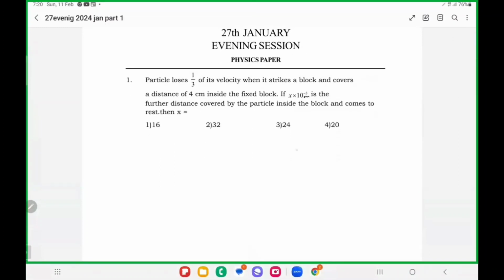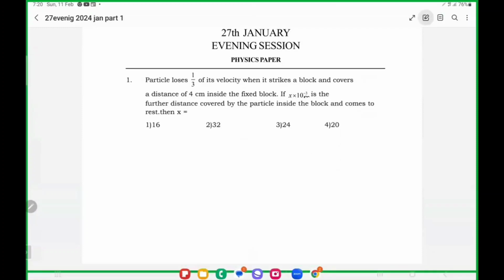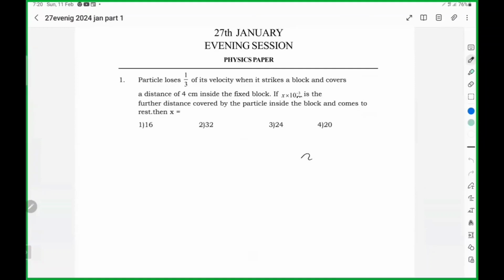A particle loses one-third of its velocity when it strikes a block. So, before striking, its velocity is v.